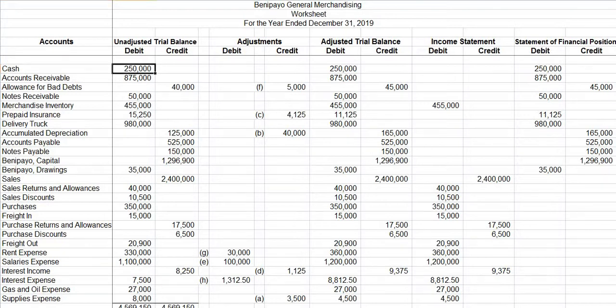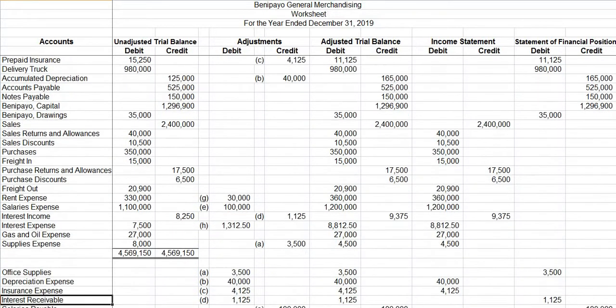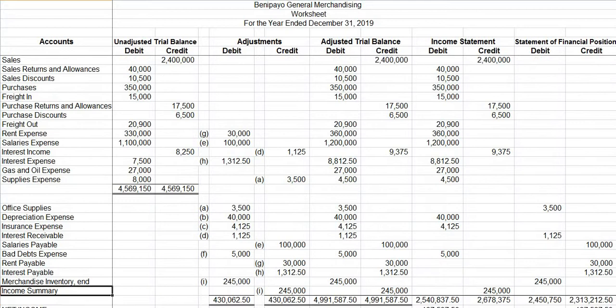So, forward this 250,000 debit to the debit side of the statement of financial position. Then, proceed to accounts receivable. Then, to allowance for bad debts. And so on and so forth. Until the last account, income summary.